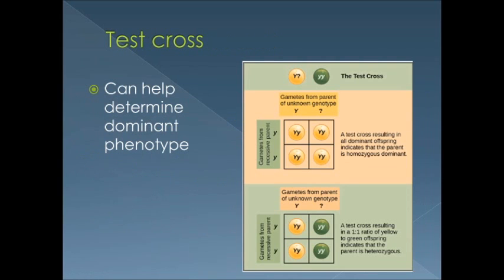If you don't know what your genotypes are, you can figure it out using a test cross. So test crosses can help to determine a dominant phenotype. If you know one parent's genotype for a gene, and then you have an unknown, but you know what the offspring look like, you can figure out what the genotype is of the unknown parent.